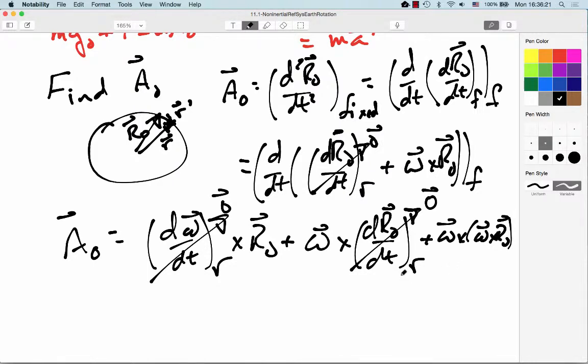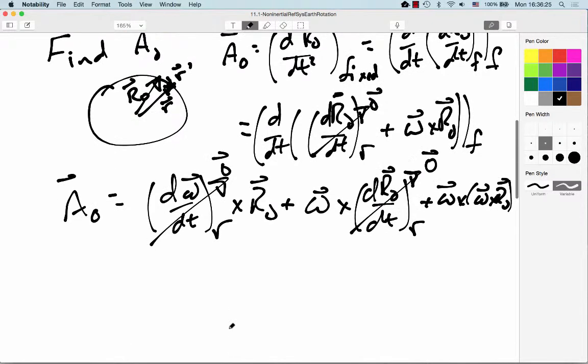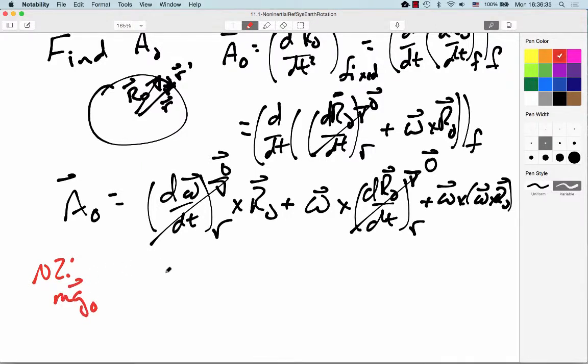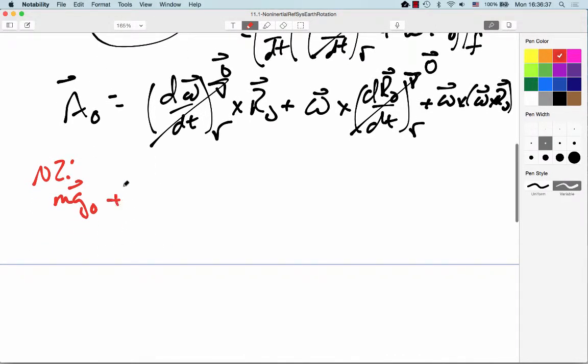Okay, so now that we've got our a naught term worked out, we can revisit our Newton's second law. So now we've got an m g naught like before, plus our tension. Now we can say minus m a naught, so this will be minus m times omega cross omega cross r naught.